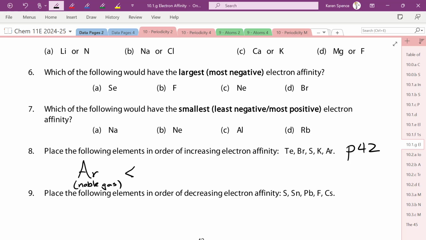Not very. Those only form cations. These guys over here all form anions. I would put K after argon, yeah. And then you go tellurium, bromine, sulfur.